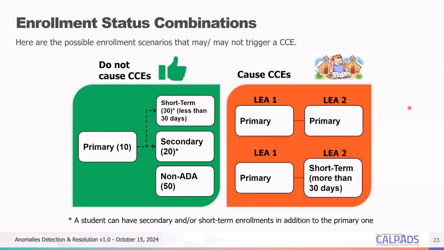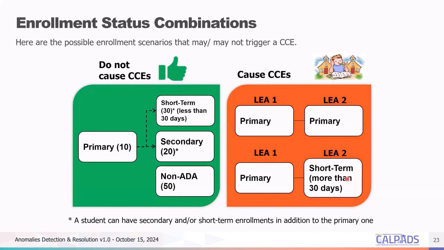So what will trigger a CCE is essentially if you have two primary enrollments coexisting and overlapping for a student. And of course, the opposite of the example here, you have a primary with a short-term 30 enrollment that's more than 30 days already.